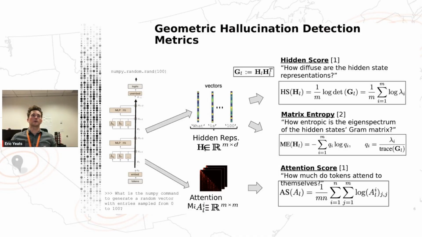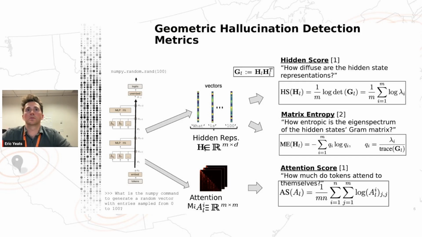Now, a limitation of the previous approach where we trained this linear probe is that we have to collect these hidden states in advance. We have to label the hidden states for a specific behavior that we're trying to detect, and then train this probe for detection. In order to circumvent a lot of those steps, the field has found geometric hallucination detection metrics, which are readily computable quantities from the hidden states and attention maps of LLMs, which are known to be correlated with hallucinations.